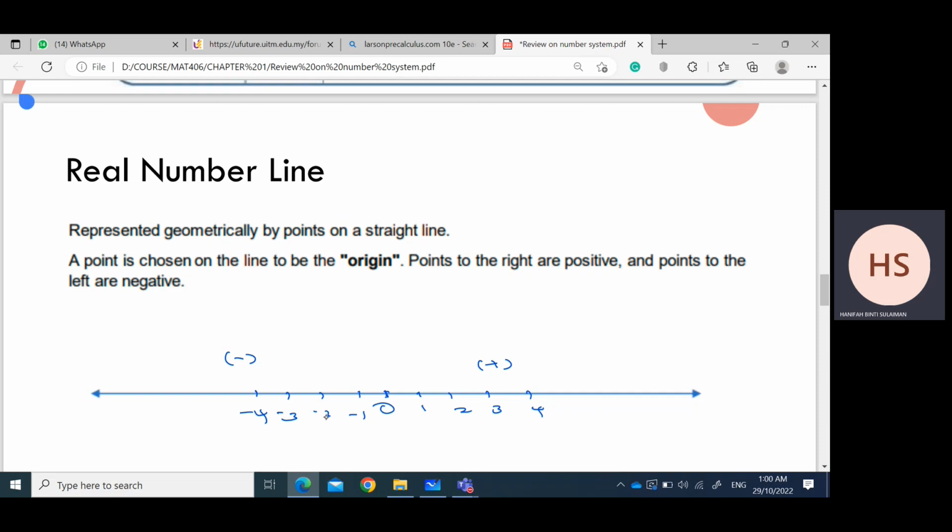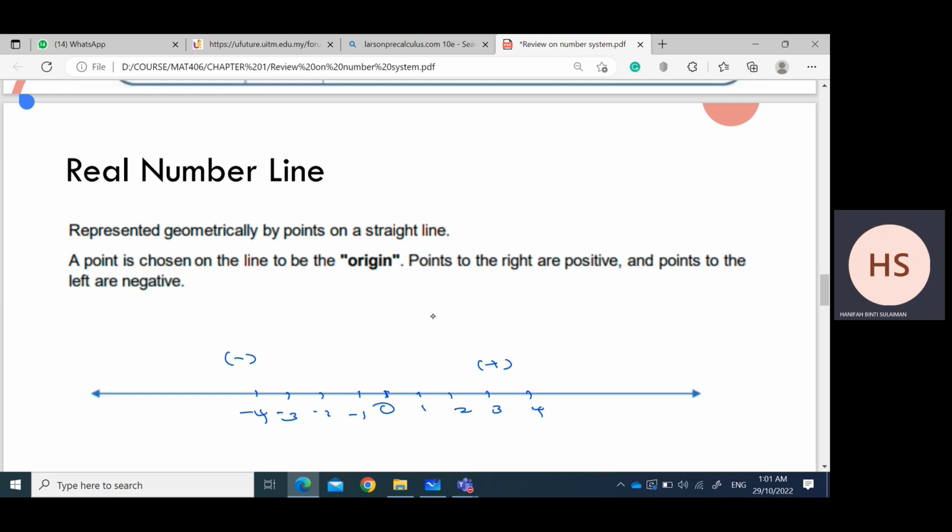Okay, contohnya negative 2 is less than negative 1. So negative 1 ni lebih besar daripada negative 2. Okay, so kalau untuk positive number pula, semakin ke kanan, semakin besar nilai dia. Itu dia. Alright. So bila dia kata it goes to negative infinity, it means that the number is getting smaller. Okay, kalau dia kata positive infinity, the number is getting bigger, larger.